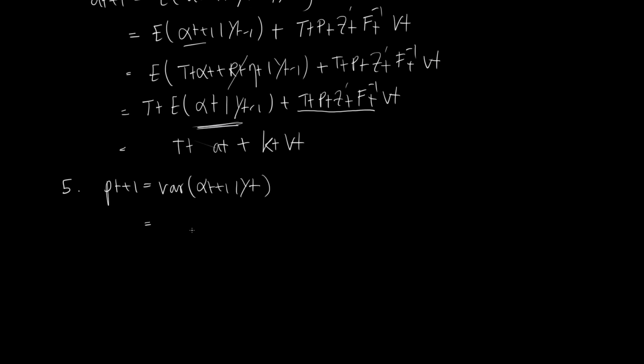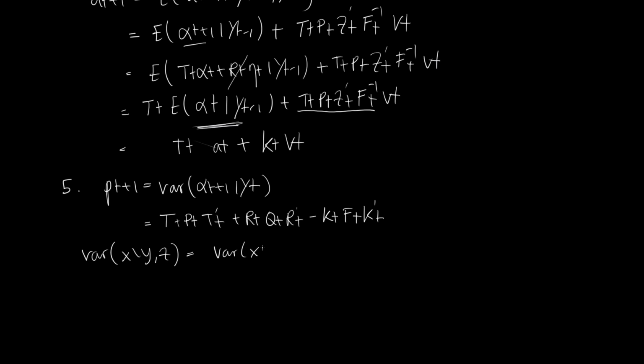We want to show that this is given by T_t P_t T_t prime plus R_t Q_t R_t prime minus K_t F_t K_t prime. There is a similar lemma for the variance of x given y and z, namely that this is equal to the variance of x given y minus, and recall the minus is very important, the covariance matrix between x and z times the variance matrix of z, times again the covariance matrix primed. So it's very similar to the other lemma.